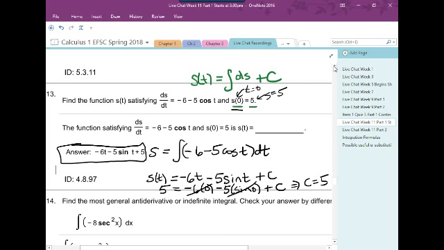Okay, so if there are no questions, I'm going to move on to item number 16.